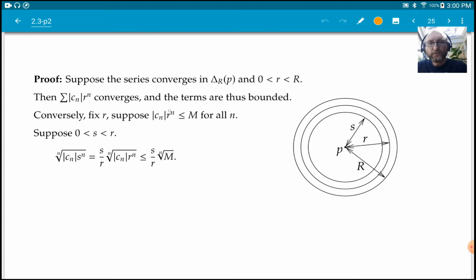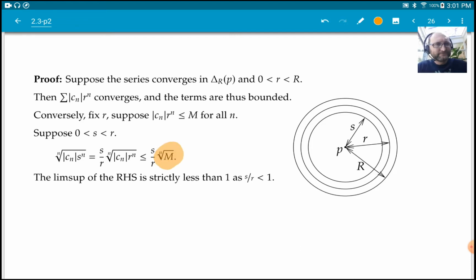Now we were supposing this bound over here, so we have S over r times the nth root of M. So we have this nice bound here. Now, if we take the lim sup of the right-hand side, this goes to 1. And so we get that the lim sup is actually the limit here, the limit will exist, but we're taking lim sup here.